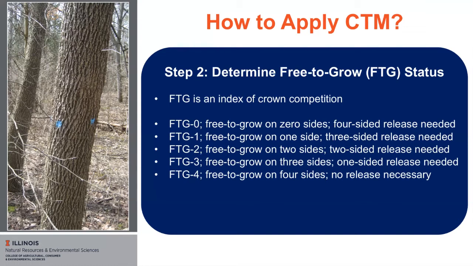Meaning a free to grow 0 crop tree has crown competition on all 4 sides of its crown. And then basically we have free to grow 1, free to grow 2, all the way up to 4. So a free to grow status 4 means that no release is necessary because that crop tree is free to grow on all 4 sides of its canopy.